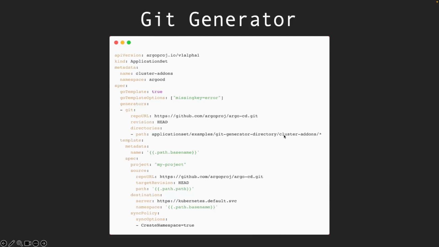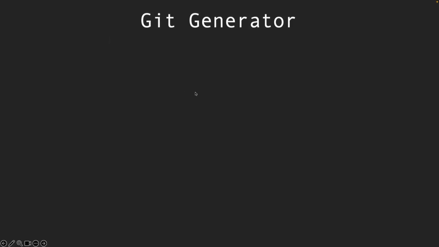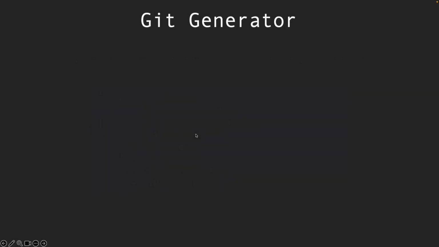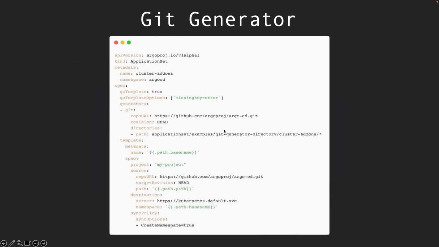As I said before, in this Git repo we have two different folders: argo-workflows and prometheus-operator, and we use the names of these folders in our application names. We use the full path to the manifests in these folders as the sources of our applications, and we use the name of the folder as the namespace, and also we create a sync policy to create the namespace if the namespace doesn't exist.